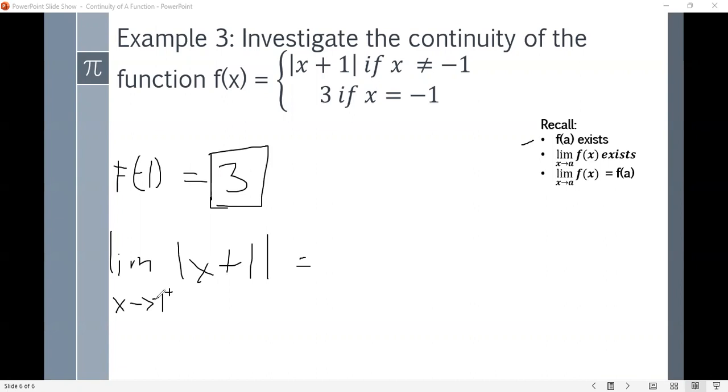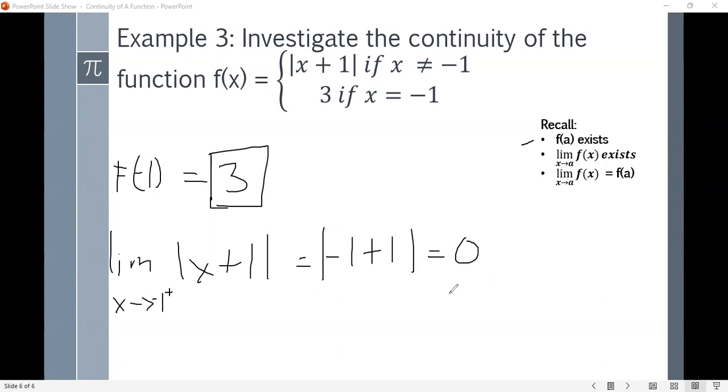Nakalimutan ko na yung sign, negative 1 pala ito. So, meron tayong negative 1 plus 1. Pag sinabi absolute value, either negative side or positive side, iisa lang po yun. Okay po? So, negative 1 plus 1 is equals po kay 0.